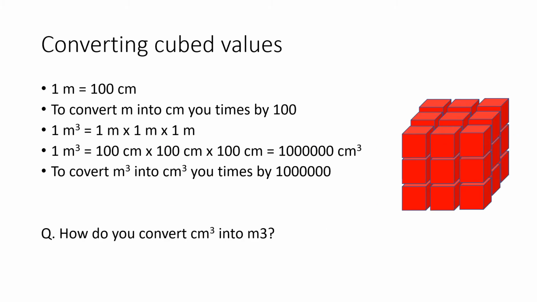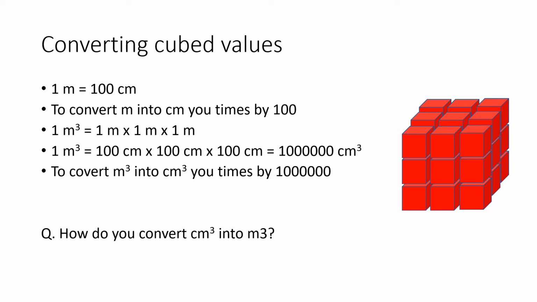Just be aware, when you're dealing with volumes, we're talking about cube numbers. When you're converting 1 meter into centimeters, it's very easy because 1 meter is 100 centimeters. And when you're converting from cubed numbers, 1 meter cubed is 1 meter multiplied by 1 meter multiplied by 1 meter.